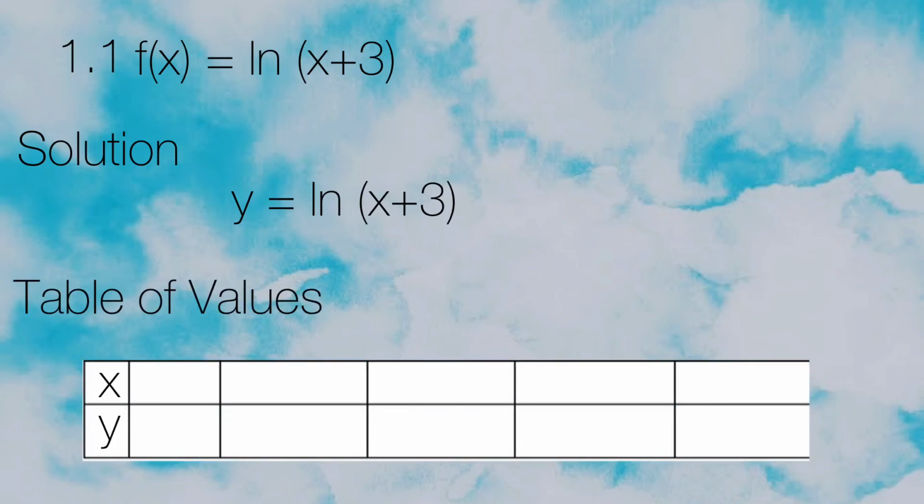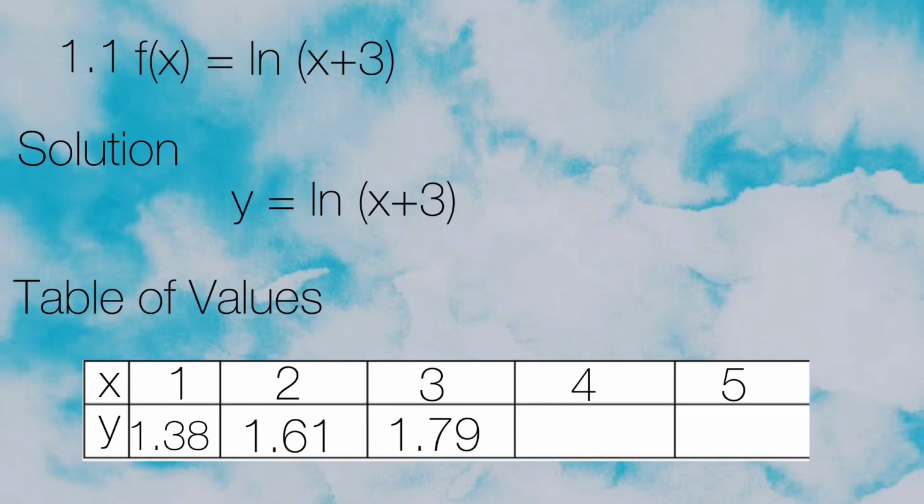So the values of x will be 1, 2, 3, 4, 5. And the values of y will be 1.38, 1.61, 1.79, 1.95, and 2.08.